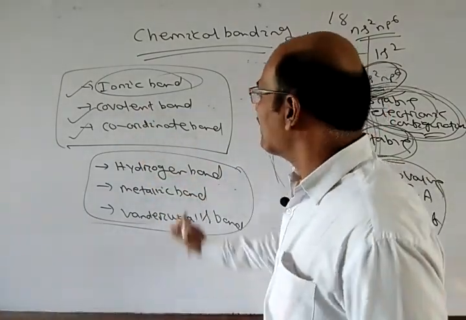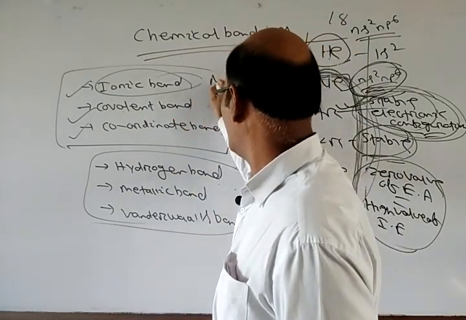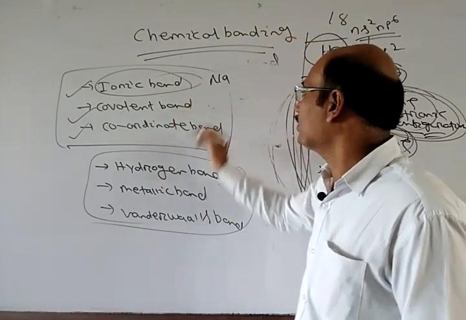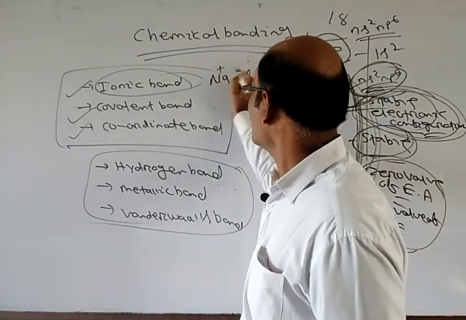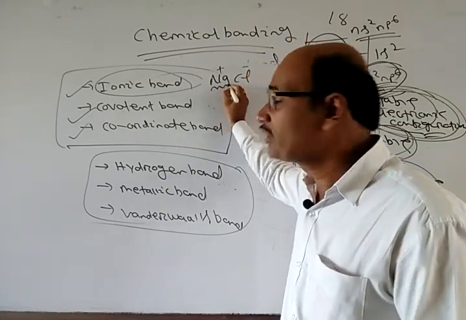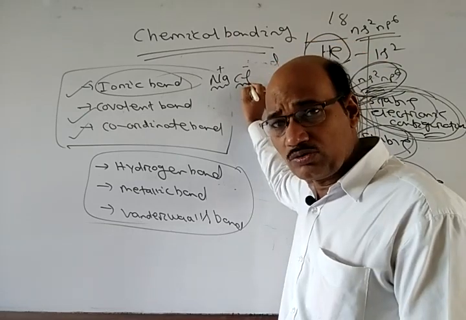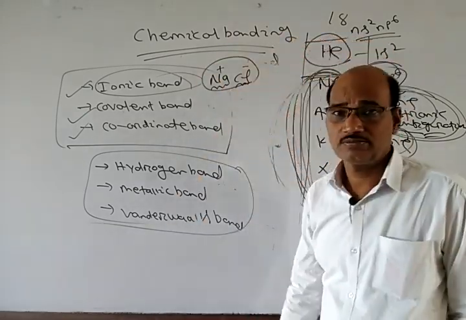Here, if I take the example of an ionic bond, NaCl, Na will be discussed briefly later on. If I have Na and Cl, we get Na plus and Cl minus. Here Na is giving an electron, and Cl is taking the electron. Now there is a bond between Na plus and Cl minus.